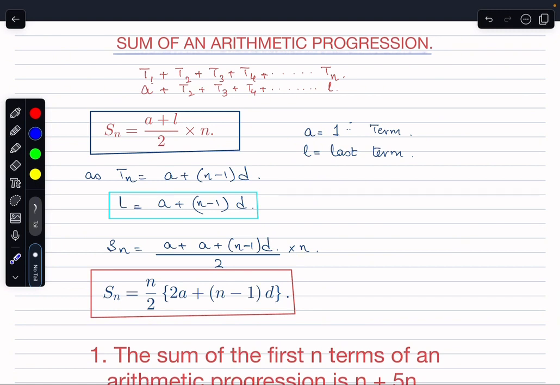So my answer here is A plus A, which is 2A, plus n minus 1 times D, times n divided by 2.